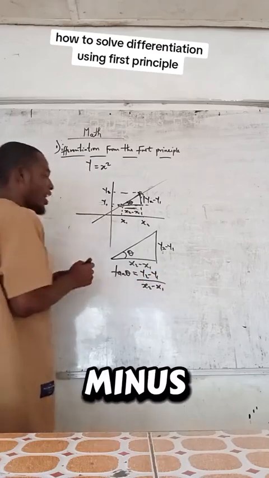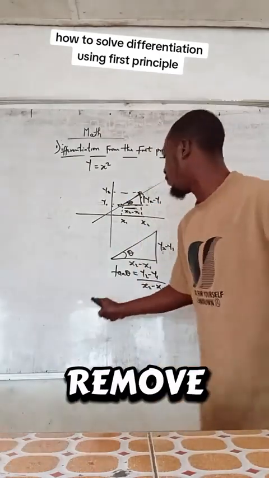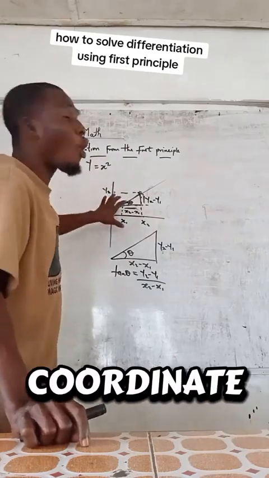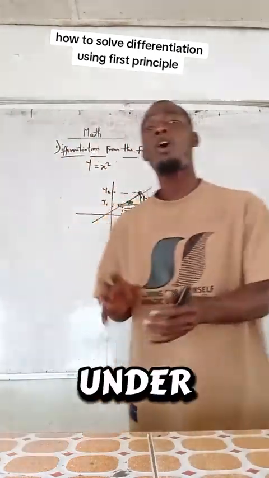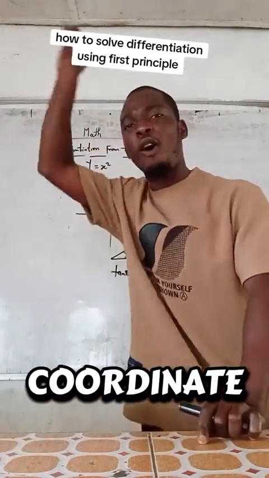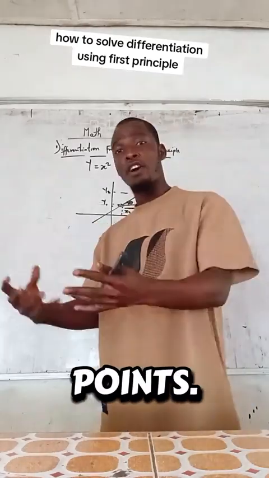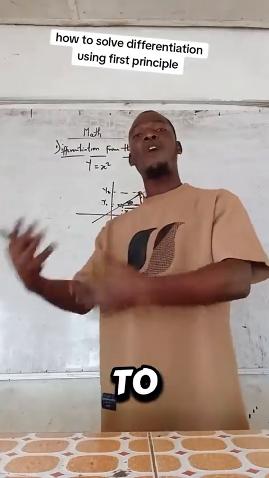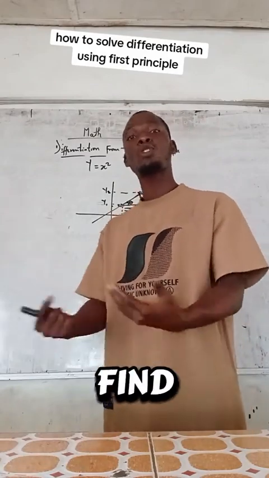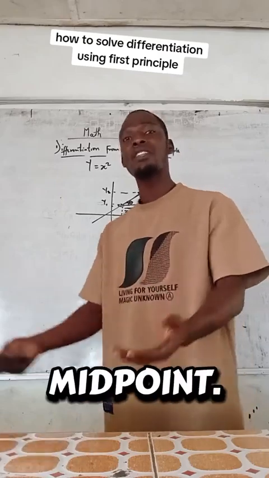Now, the reason why we remove this tan theta is because this is under coordinate geometry. Under coordinate geometry, what we talk about is coordinates of points. We can use points to find the distance between 2 points, we can find the slope, and we can also find the midpoint.